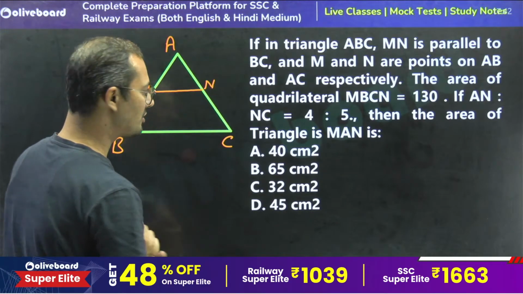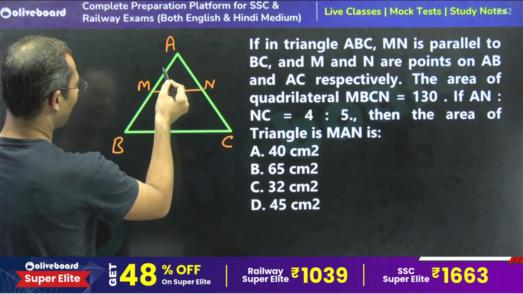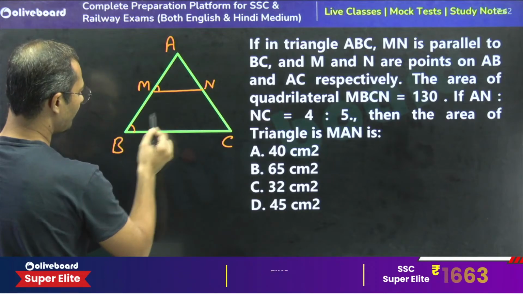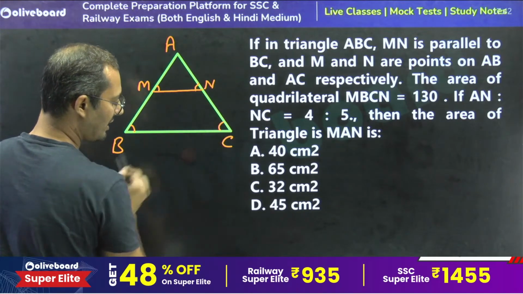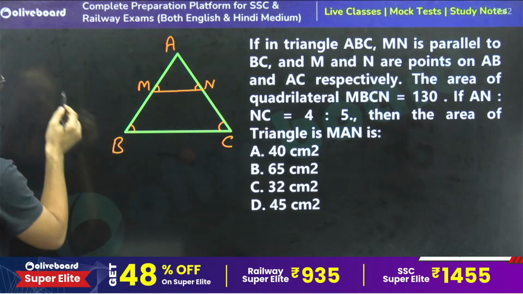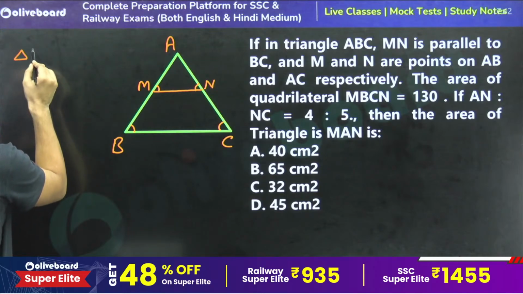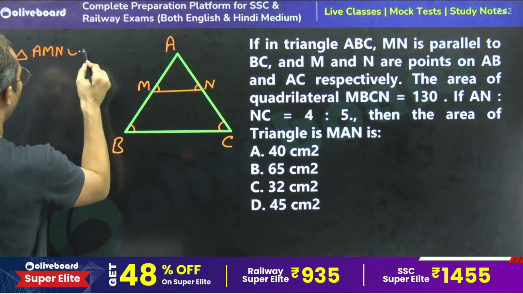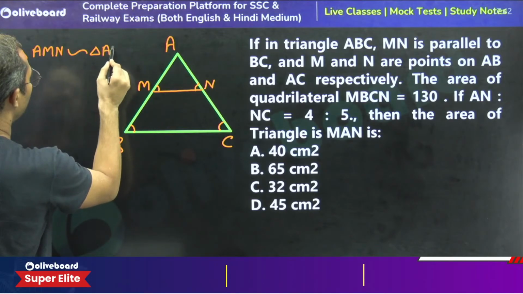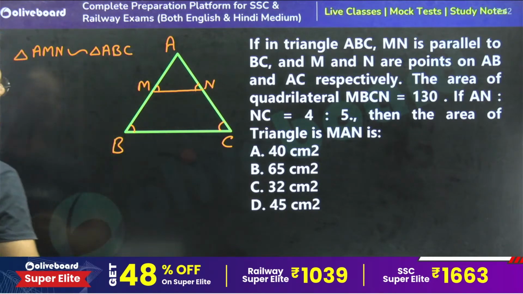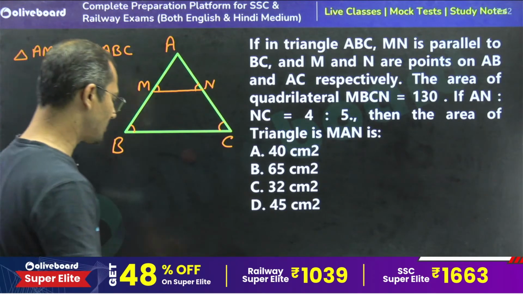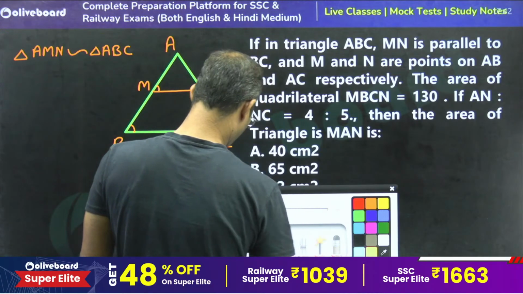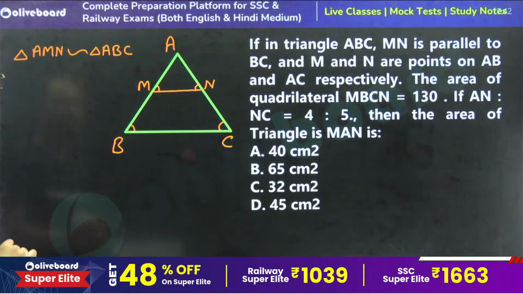If it is parallel to BC, so we can say that angle M is going to be equal to angle B, angle N is going to be equal to angle C, because of corresponding angles. So we can say that triangle AMN is similar to triangle ABC, right?